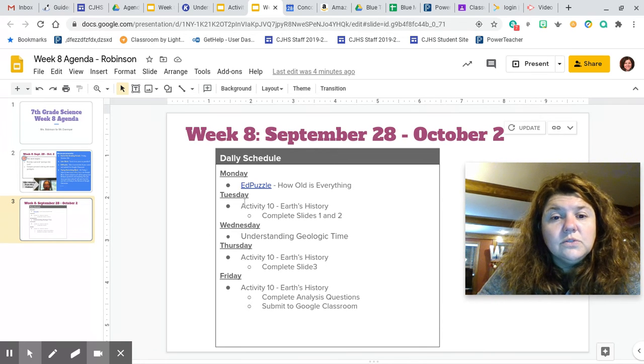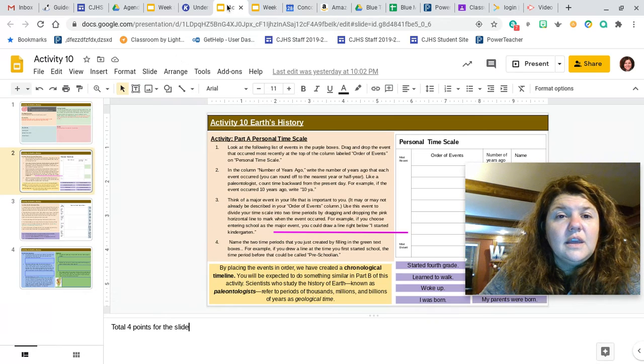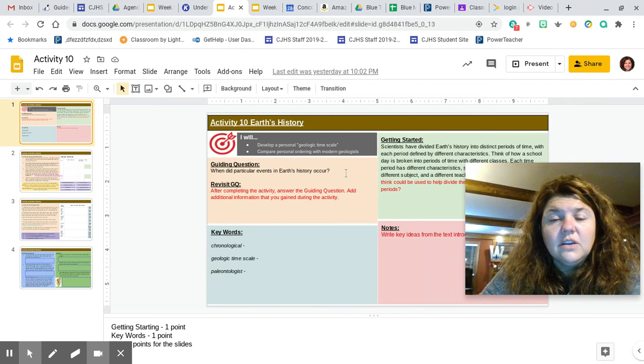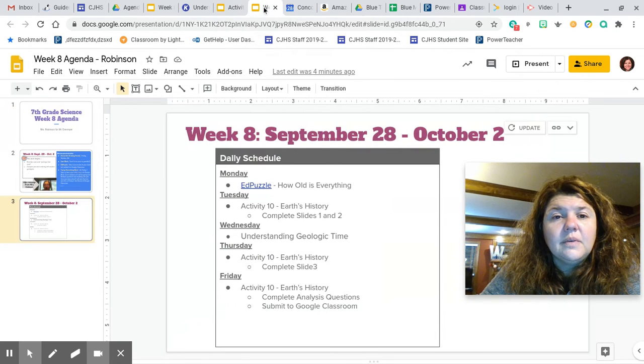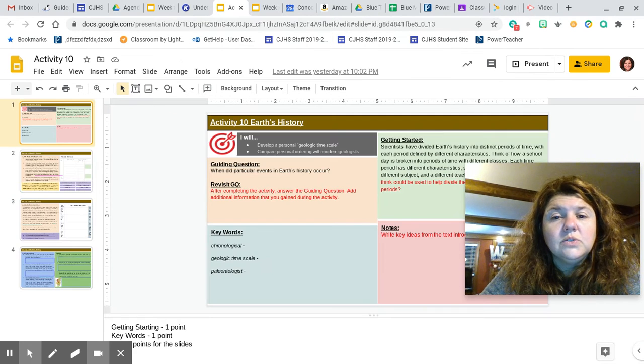Then on Tuesday, you're going to do an activity that is in the lab manual, activity 10, Earth's history. As you complete that activity, you're going to complete these slides. On Tuesday, you're going to complete slides 1 and 2.